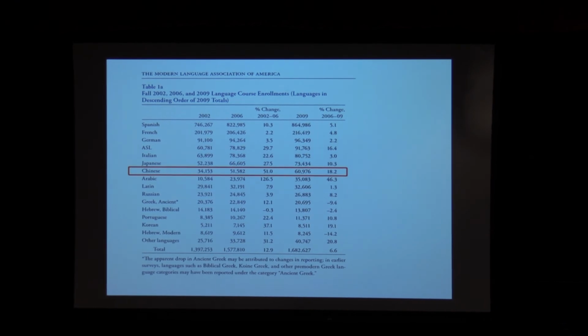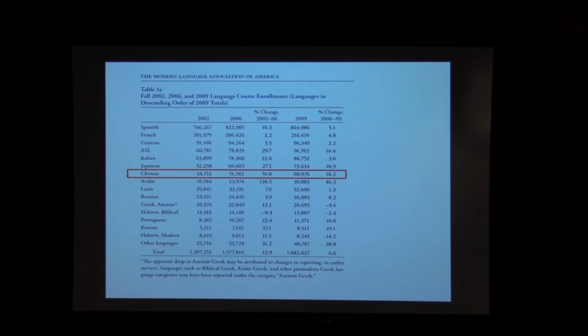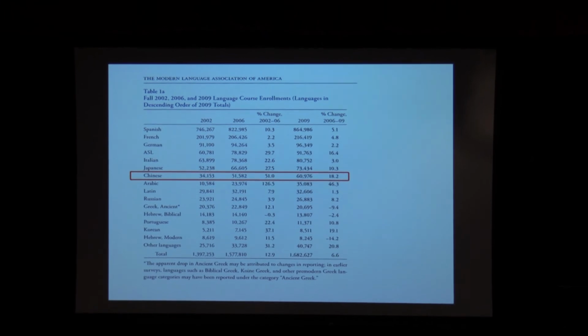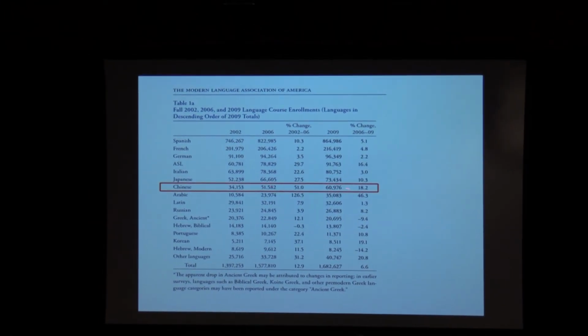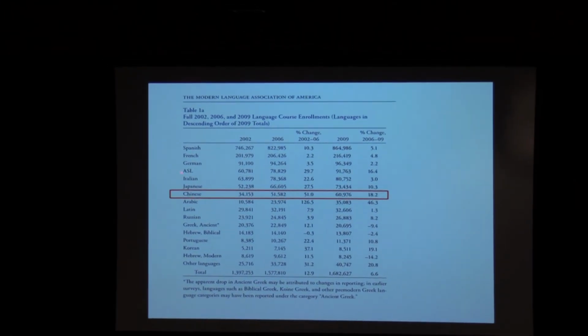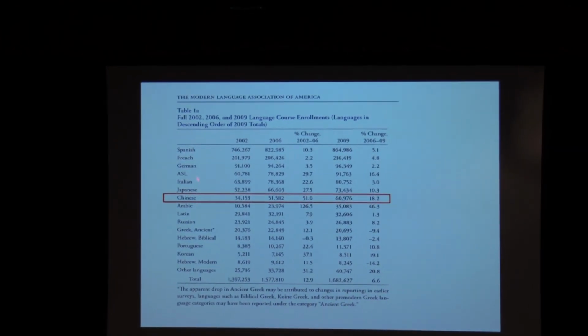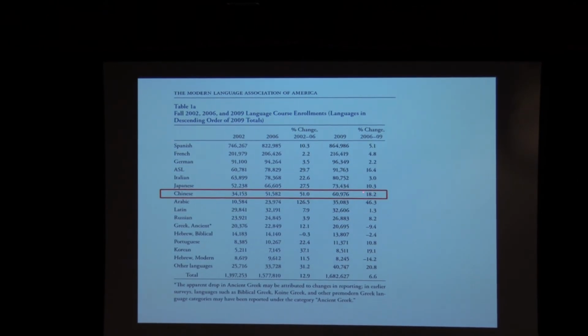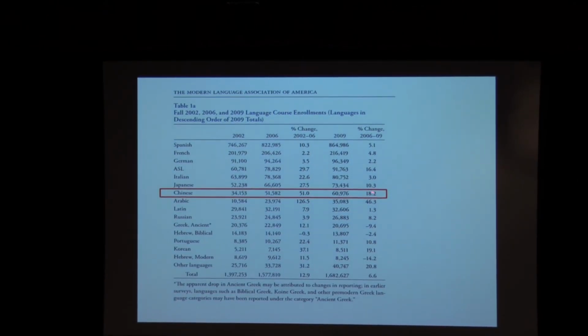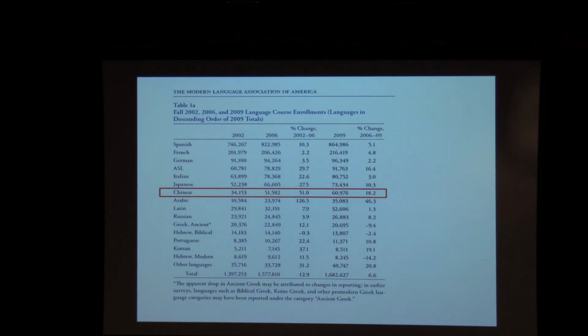Another figure, done by the Modern Language Association of America, shows the numbers are pretty similar. Chinese is number 7 or 8 or something like that, always behind Japanese and all those European languages. Even though Chinese has an 18% increase in enrollment, the number is still smaller than Japanese, and that's for the numbers up to 2009.